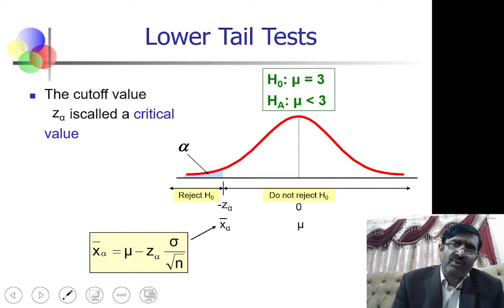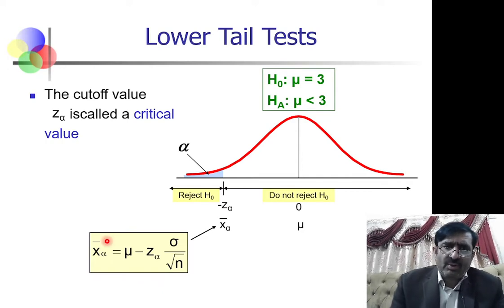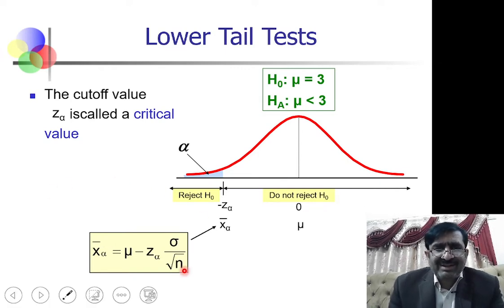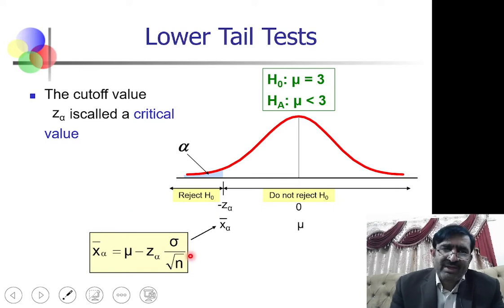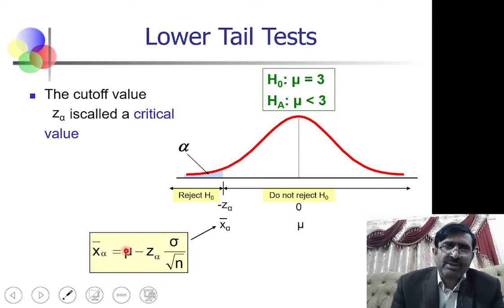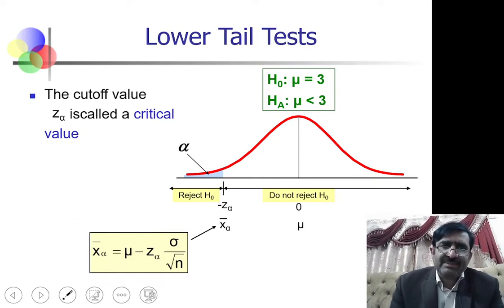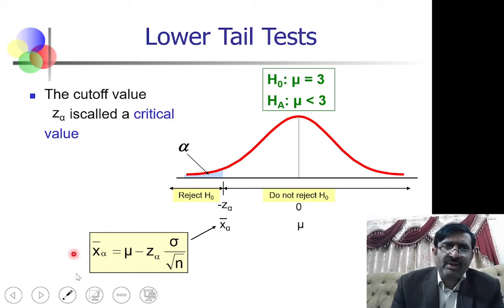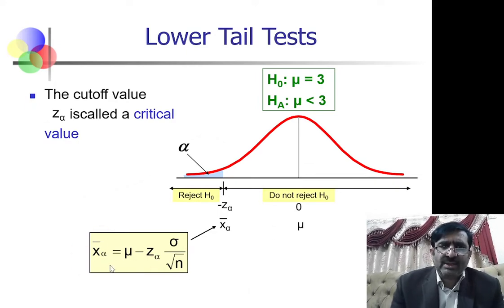In the case of the lower tail, we have x bar minus mu over sigma over root n. A very interesting result is that if n becomes very, very large, this value will become small, and the average of the sample will reach the population mean. The whole thing occurs on the basis of this. That's why if we have a larger sample, then the result will be more accurate.